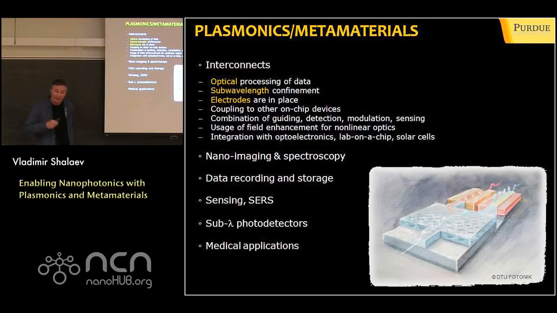In this case, by propagating these SPP waves, you could provide coupling between different components. So in general, you could say that plasmonics could be used for guiding, detection, modulation, sensing. All these different ingredients are very important to enable all the complex functionality of plasmonics.